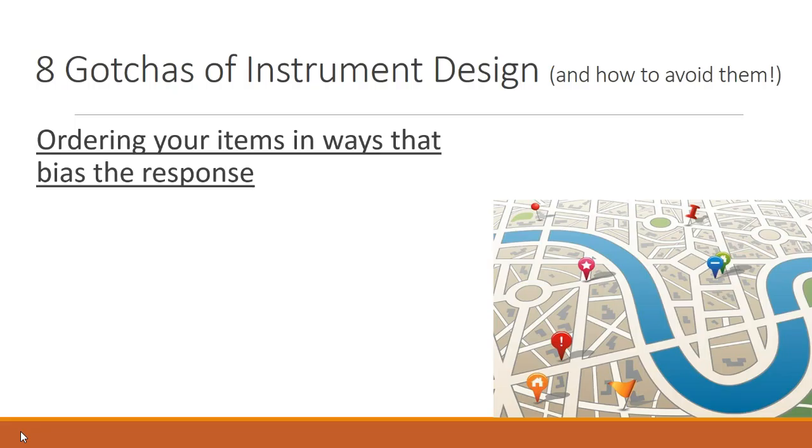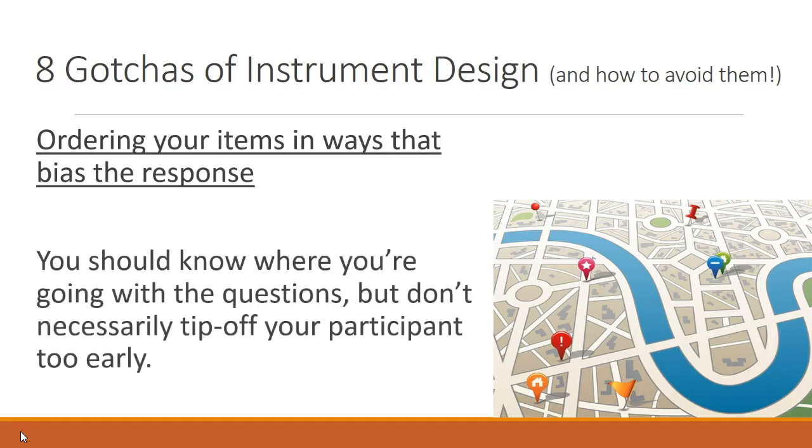Sometimes, in fact, you may need to ask a question that is more general and then gets more and more specific as you go on. Because sometimes if you start with something more specific, you can give them an idea of what it is you're trying to get at in your questioning, and it may lead them to answer in ways that they think you want to hear. So, in other words, you should know where you're going with the questions, but don't necessarily tip off your participant too early.